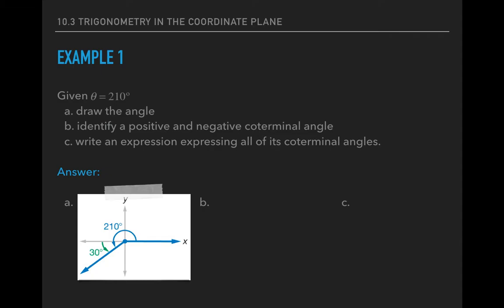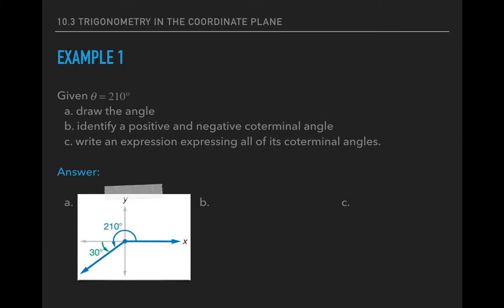Go 90 more degrees, that would be 180. And so you're going to go just 30 degrees more and that will give you 210, because 180 plus 30 gives you 210. Okay, so that would be a sketch of your angle theta, which is 210 degrees, in standard position in our coordinate plane.